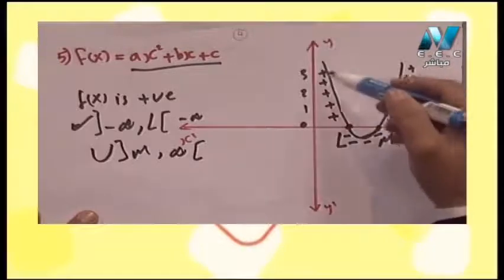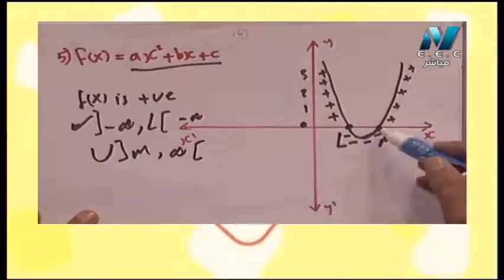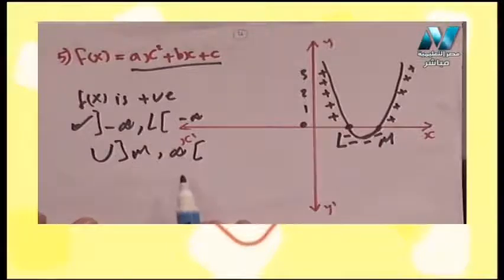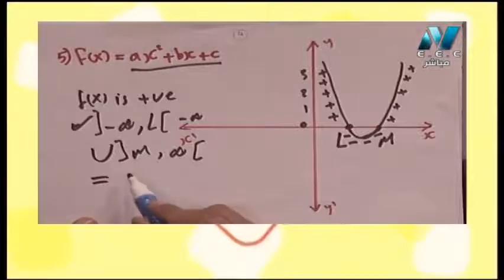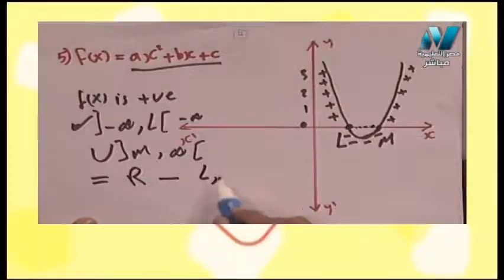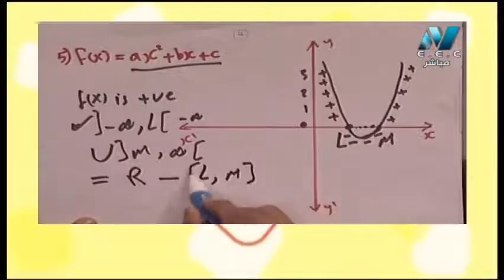So it's positive on this part and this part, from negative infinity to L and from m to infinity. Or we can say that this function is positive on R except this part, which is from L to m, closed.